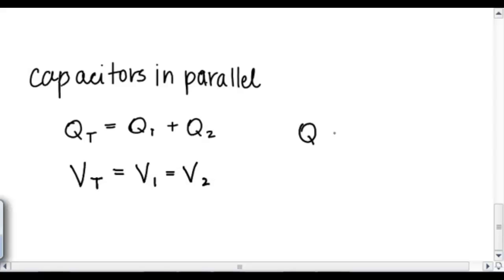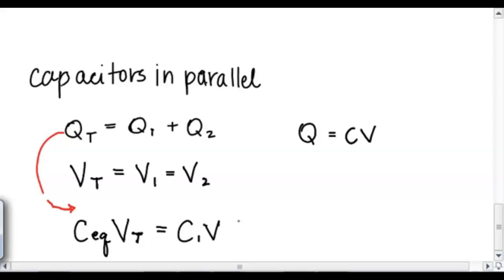Now, Q is equal to CV. So let's make the CV substitution into our Q's here. So I'm going to come down here and write in my substitutions. So Q total would be C equivalent, C total, whatever you want to call it, times voltage total. Q1 would be C1V1 plus Q2 would be C2V2. What do you know about V total, V1, and V2?